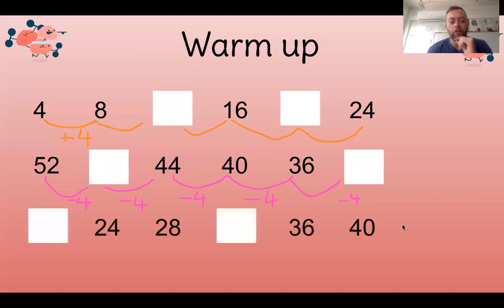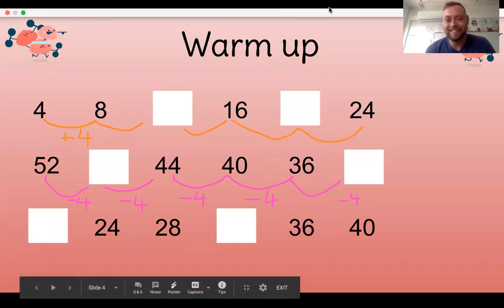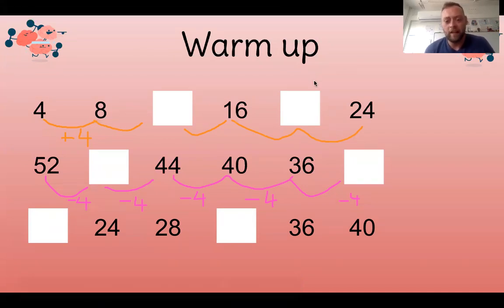Okay, last one for number patterns for the 4 times table. There's a clue there. So let's check out the numbers that are together and see what the rule is. Here we have a number getting bigger, which means I'm adding. But what am I adding each time? What's the rule?